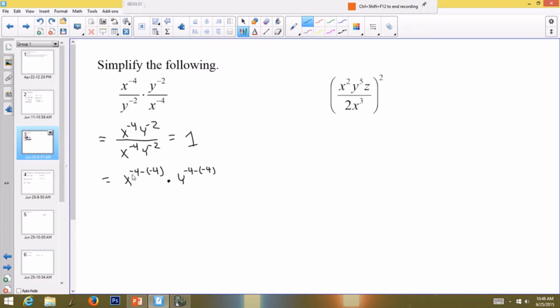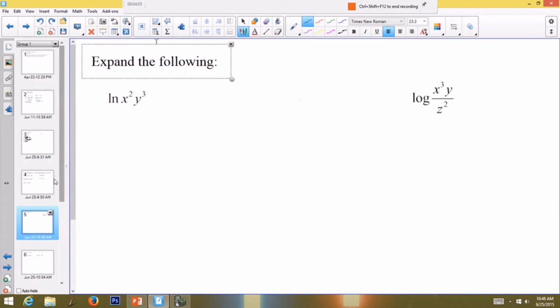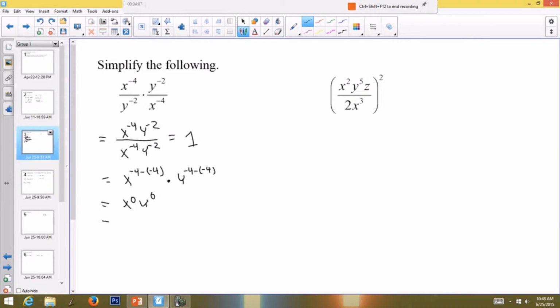And when you go negative 4 minus negative 4, we would get x to the 0, and y to the 0. And again, property of exponents: anything to the 0 power, as long as that thing is not 0, is 1. And so I get 1 times 1, which is 1, equal to 1.